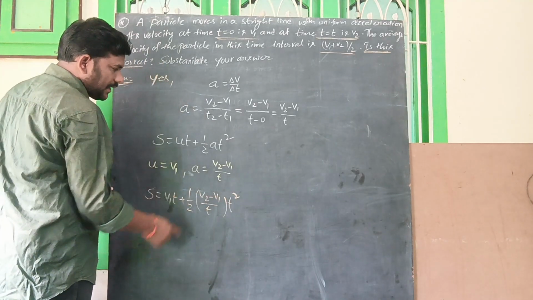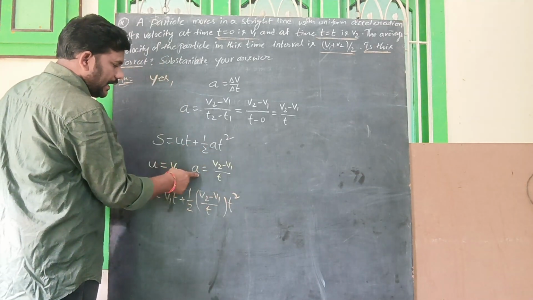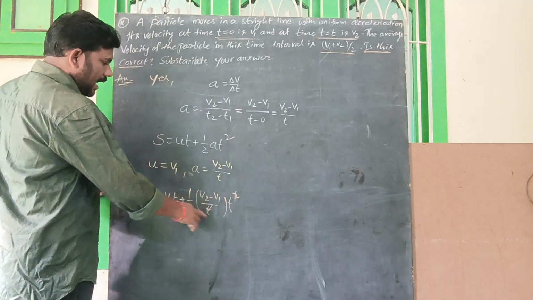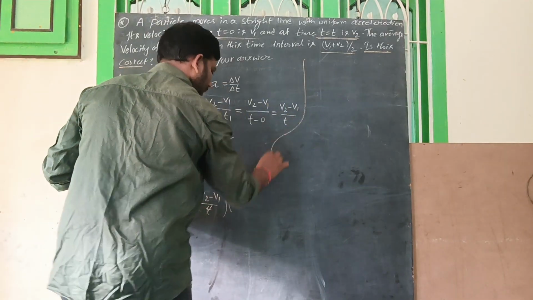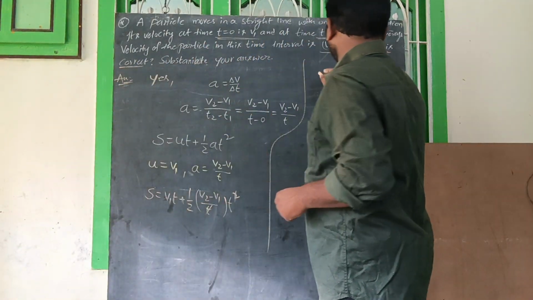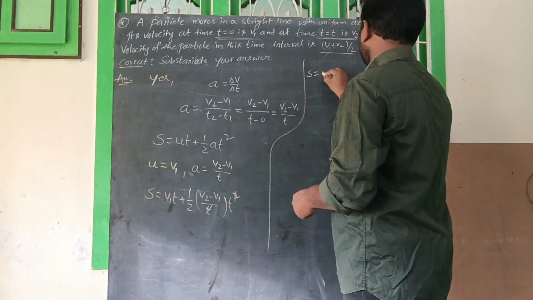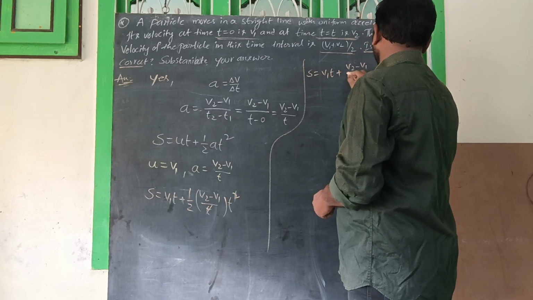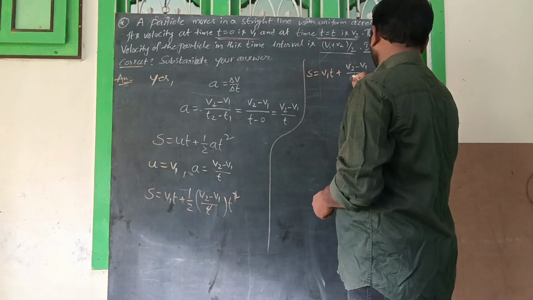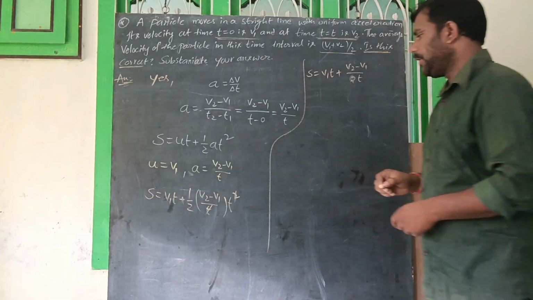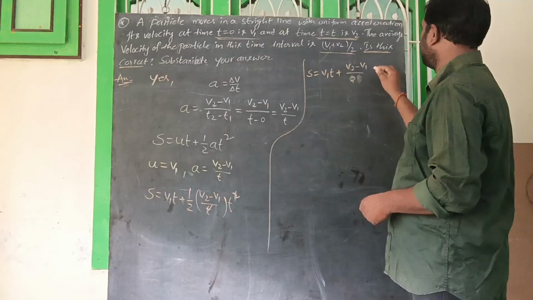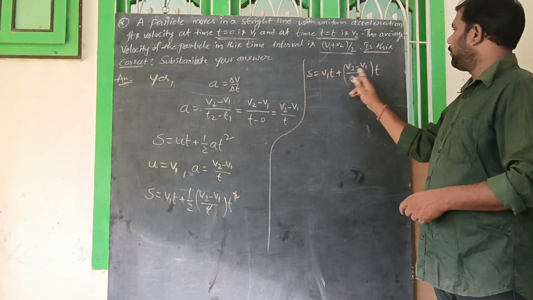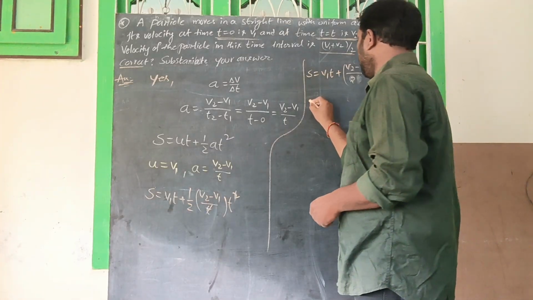Here we replace the a value, a is equal to (v2 minus v1) by t. The t square and t cancel, and the remaining term is v1t plus (v2 minus v1) by 2 into t. In both terms we can take the common t.